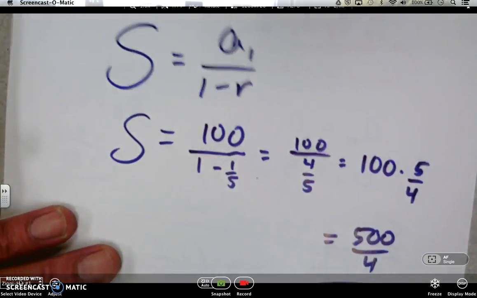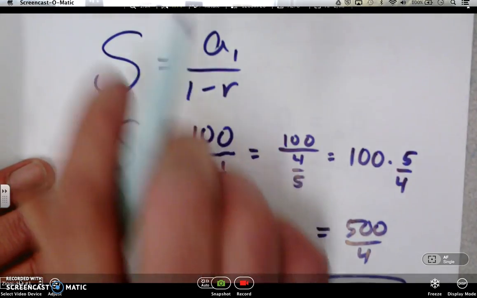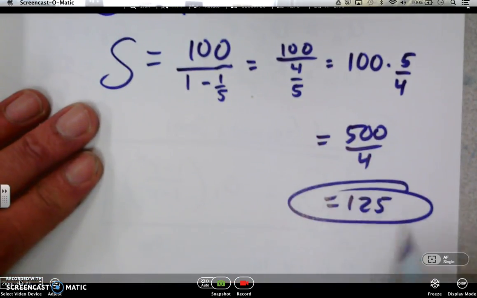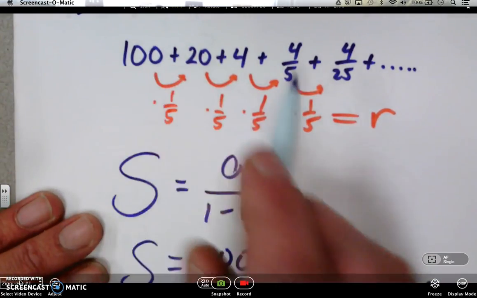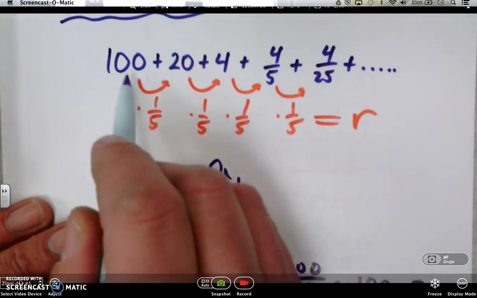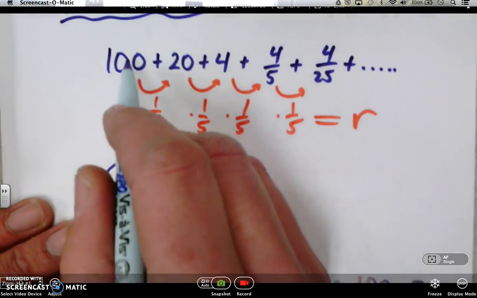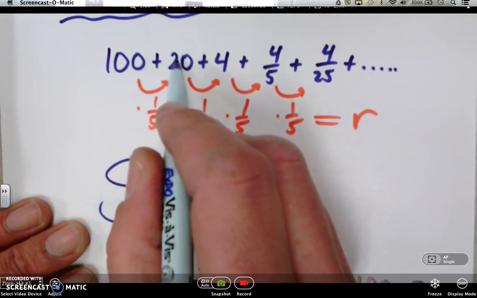So the infinite ones you might actually find to be less work. You might actually not mind this. It's not too hard of a formula to remember. But briefly, let's talk about the fact that you get a really nice round answer, yet what happened to these fractions? It's kind of weird, and we've got a cool paper demonstration to demonstrate this in class that I'll show you on Monday. But what's happening here is you're adding 100 plus 20, plus 4.